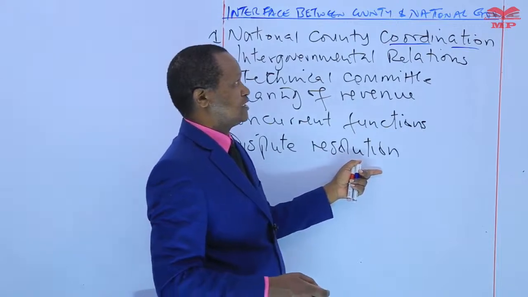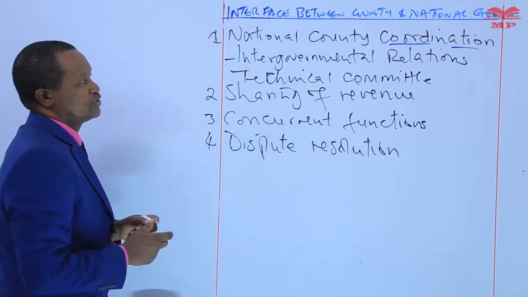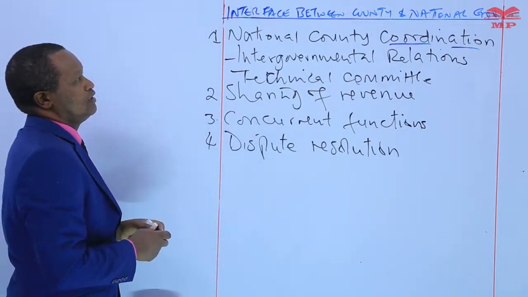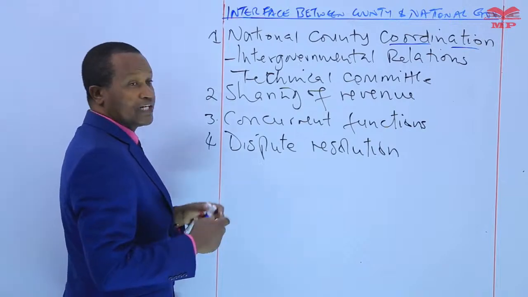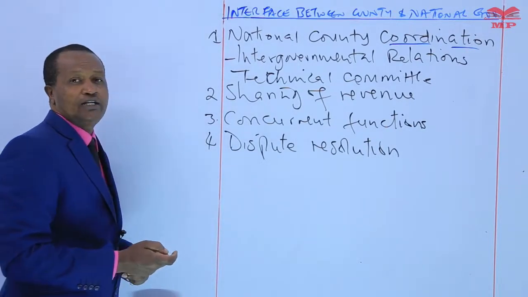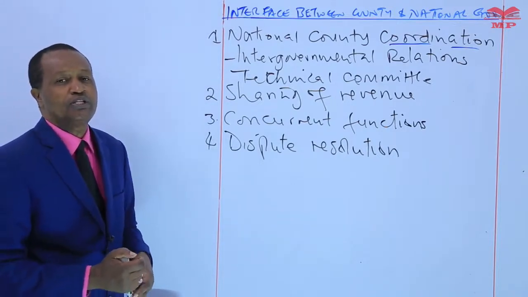Dispute resolution is another mechanism for interface between the national and county governments. We've seen that these two institutions ought to work together, and we all know that disputes are unavoidable. So there is a mechanism for resolving disputes.